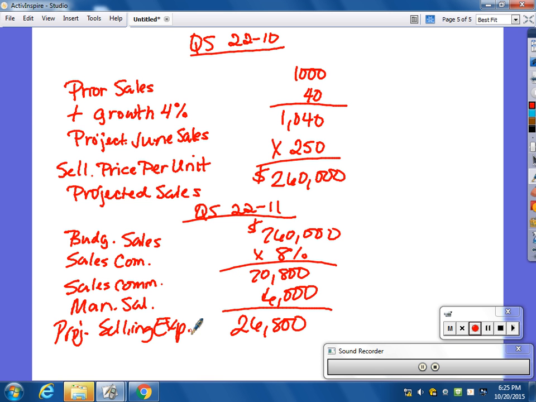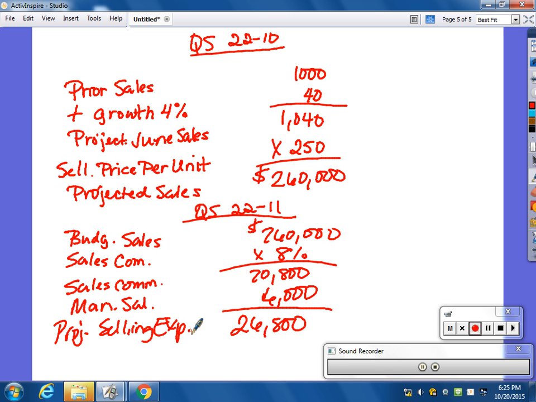Cash budget. It's on page 918. A cash budget? It says cash budget.